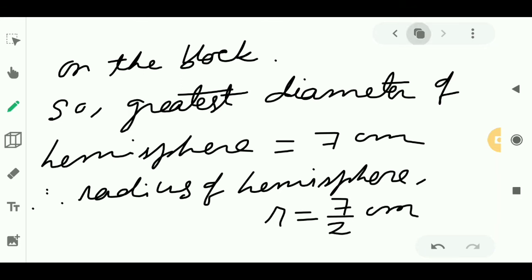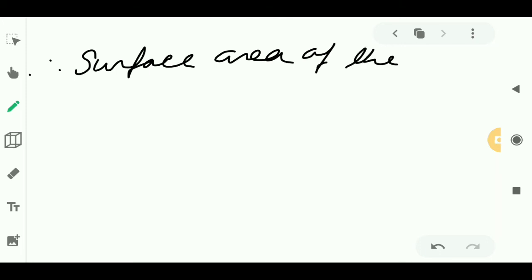Now we are going to find the total surface area. Find the surface area of the solid. Therefore, the surface area of the solid will be equal to what?